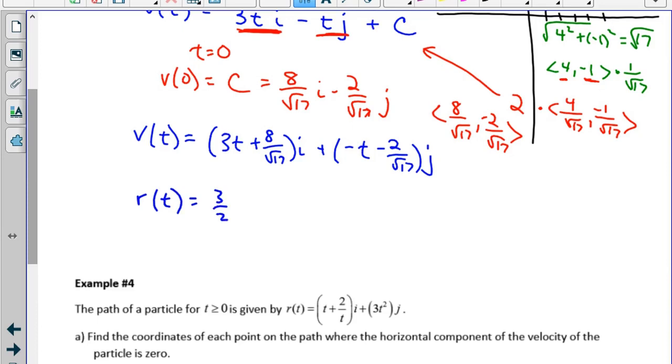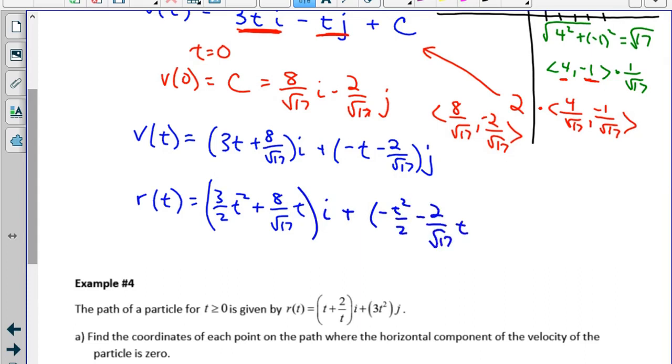So I get 3/2 t squared plus 8 over root 17 t, plus, or I'm sorry, there will be some constant component to this, i, plus negative t squared over 2 minus 2 over root 17 t j, and then plus some constant.